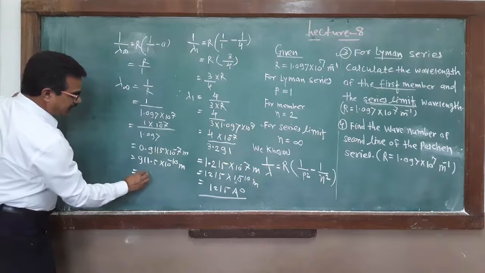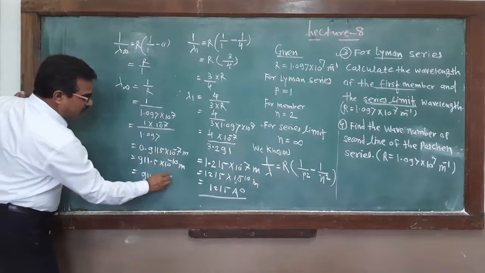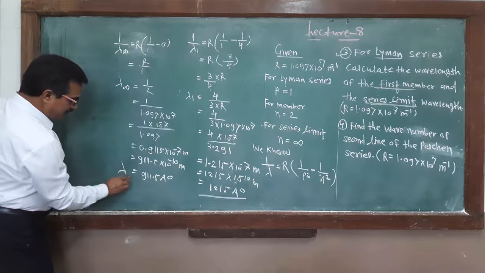It means 911.5 angstrom. This is the series limit wavelength.